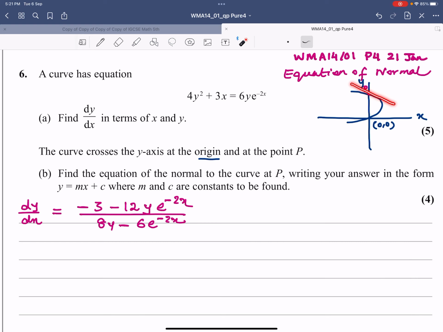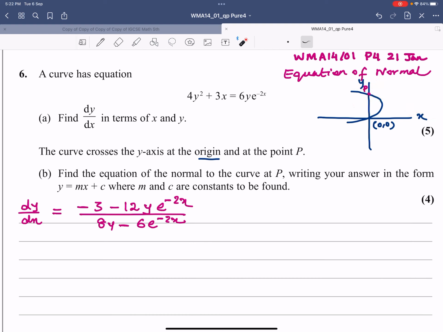So this is the tangent, and the line which is perpendicular to this and passing through the point P is the normal. Okay, so in order to get to the normal, first we need to find the gradient of the tangent, because the gradient of the tangent and the gradient of the normal are related. Whatever the gradient of the tangent is, the gradient of the normal will be the negative reciprocal of that. So first we need to work with the gradient of the tangent.